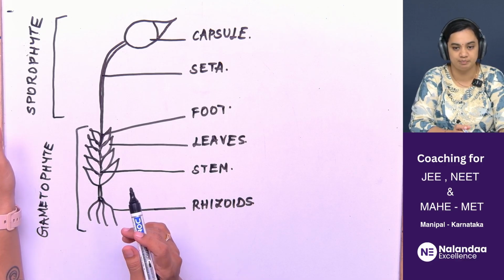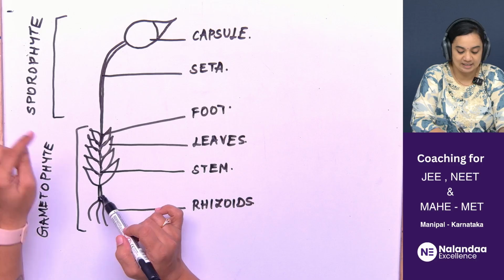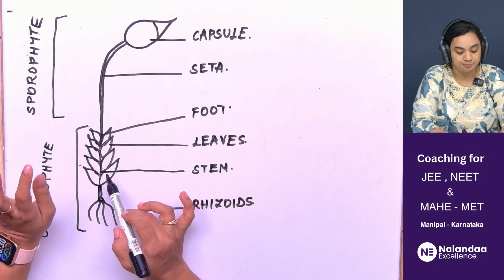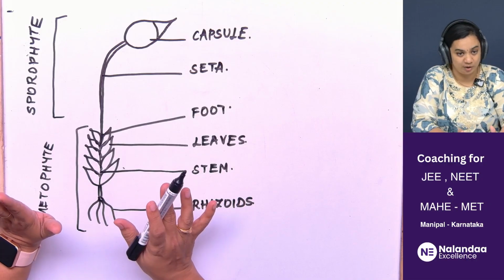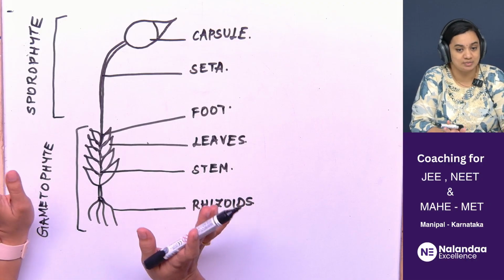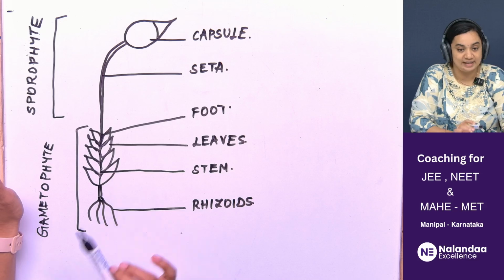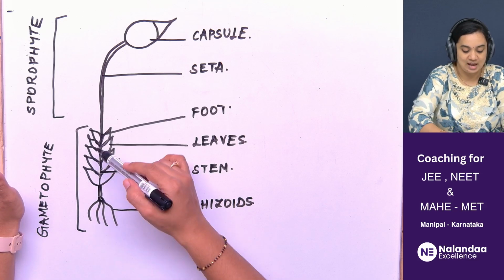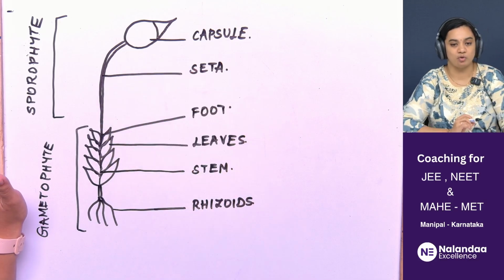There is a distinct root-like, stem-like and leaf-like structure. Still it is thalloid. They're not true roots, stems and leaves. They grow vertically upwards from the thallus, and there is production of a sporophyte from it.